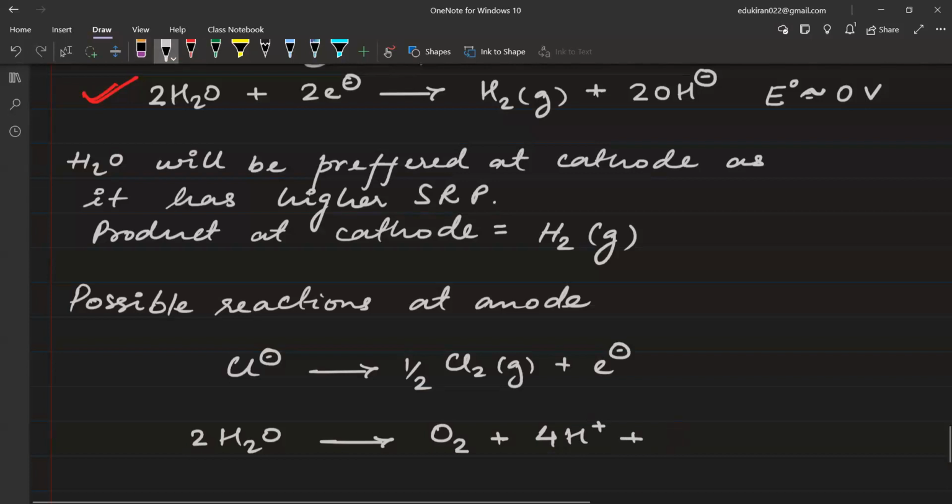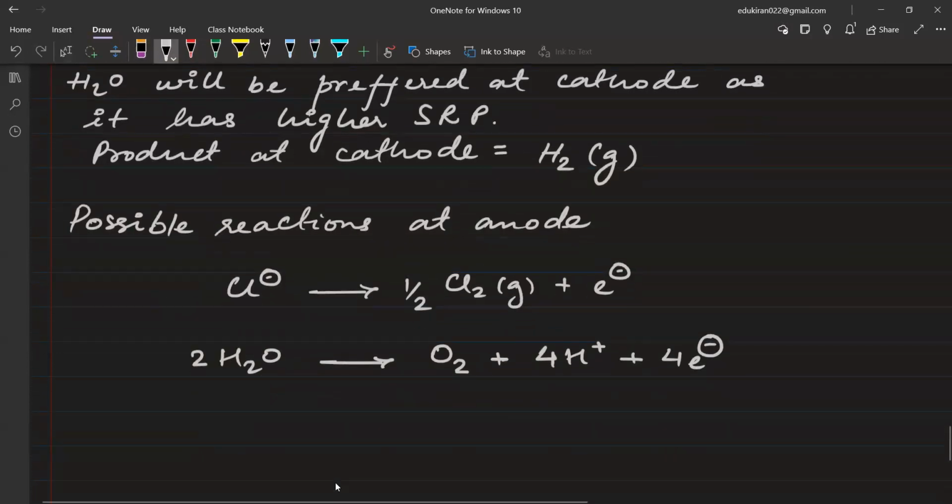Okay, 4H plus and 4 electrons. Now for Cl negative, what is the oxidation potential of this reaction? I think E naught is equal to minus 1.36, and for this E naught is minus 1.23.